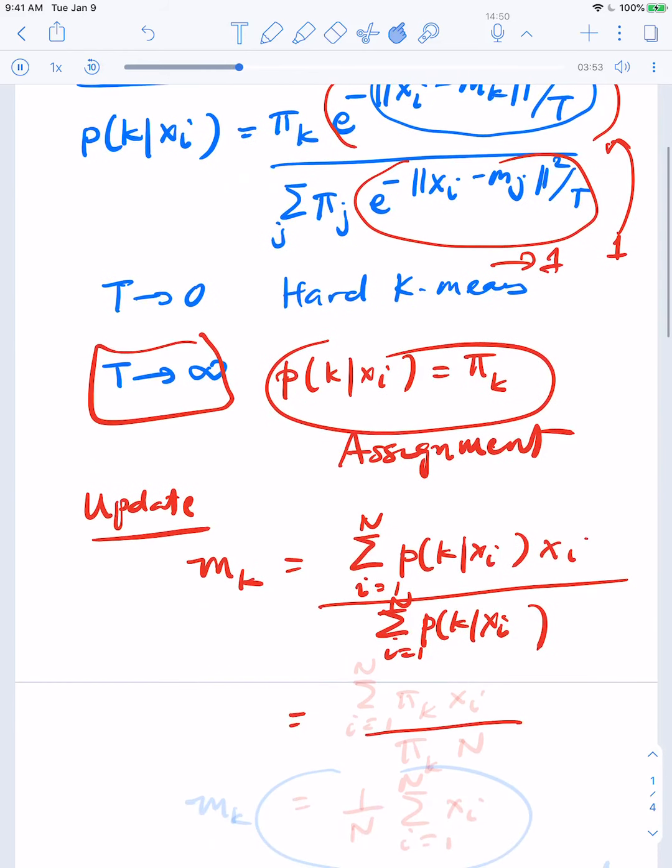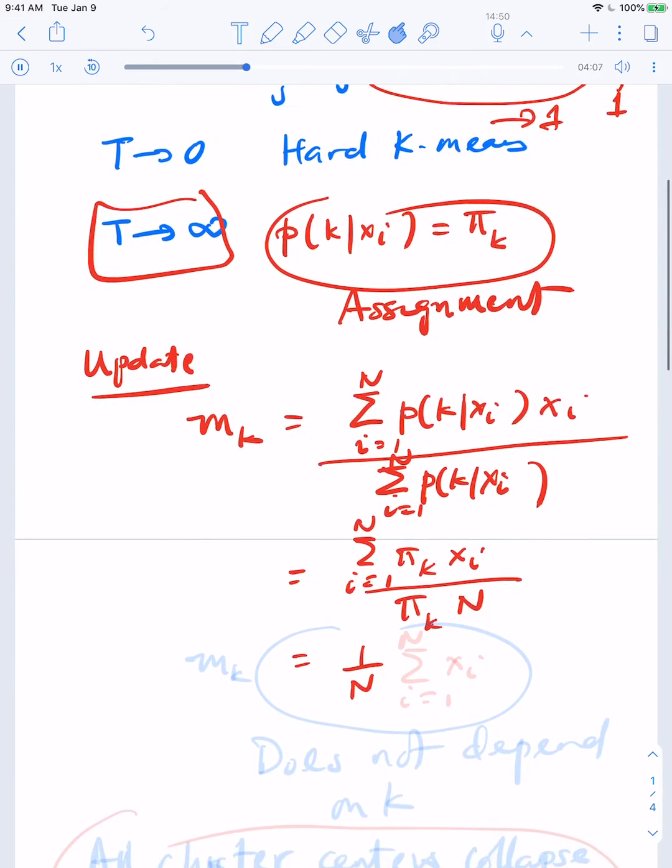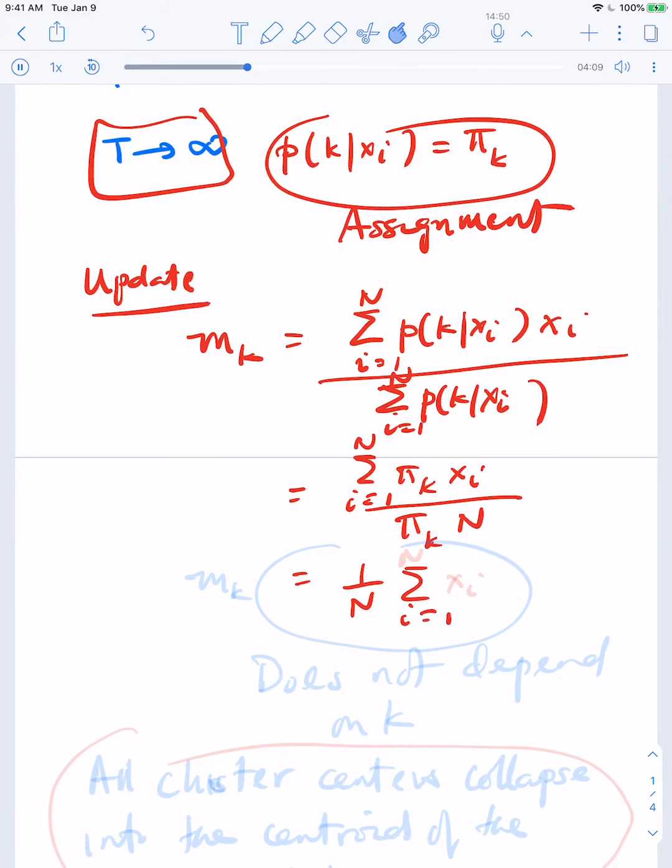All of the p(k | xi) terms are now pi_k, so you have pi_k times N in the denominator, and you have pi_k times xi, summed over i equals 1 to N, in the numerator. And so what do you get? The pi_k's cancel out, and this is the answer you get.